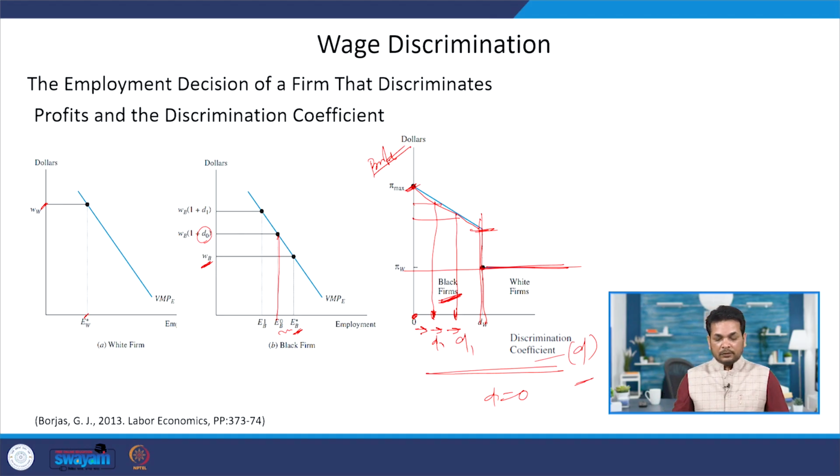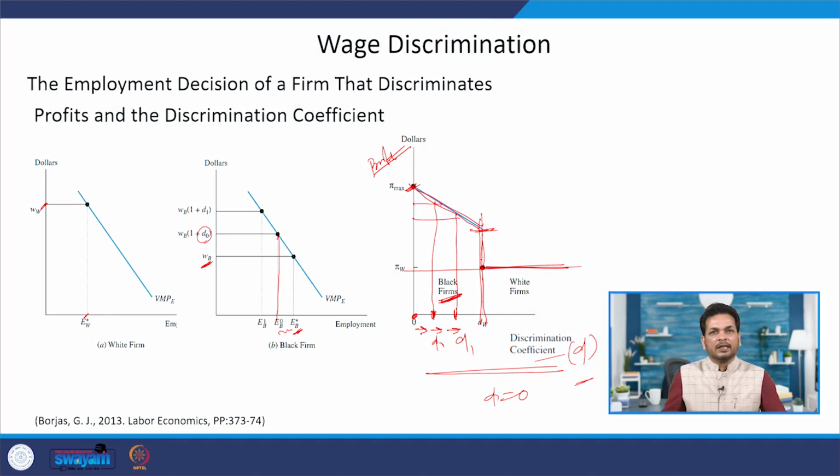So, in the way Baker explains, discrimination does not bring a positive result. It has certain costs, in terms of reducing the profit.